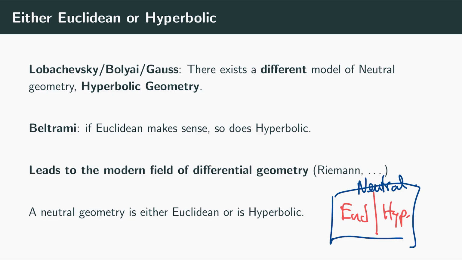And then if you have reasonable axioms, essentially all models of Euclidean geometry are equivalent, and essentially all models of hyperbolic geometry are equivalent to each other. Okay, one needs to be a little bit careful about what that means, so we're not really going to dwell on that. Okay, so that's our historical background.